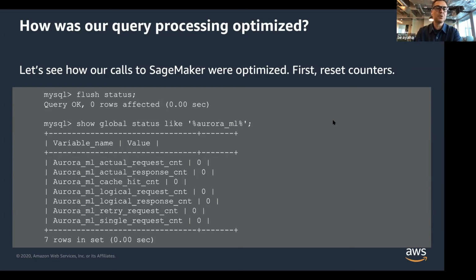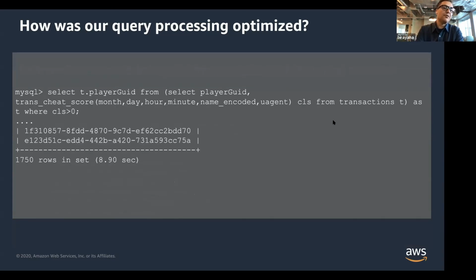So we're going to start by flushing the buffers of the statuses. And now, if you look at the command that we executed here, we are going to get lots of data, which is roughly 1750 rows, right?